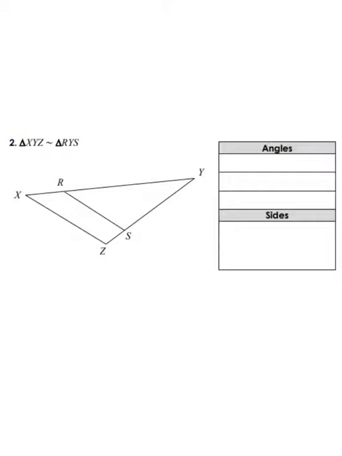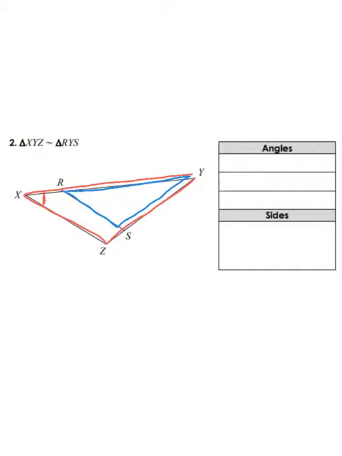Alright, same thing, we want to write all the angles that are congruent. Okay, so we have angle X in the big triangle, the whole thing, and then the little triangle would be the one sitting inside of it.